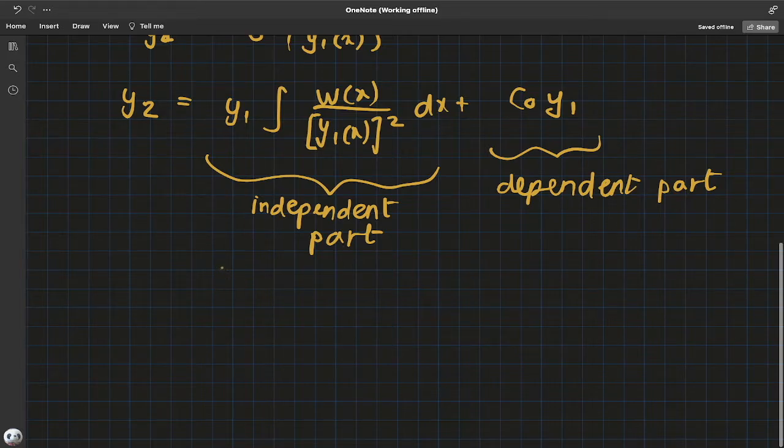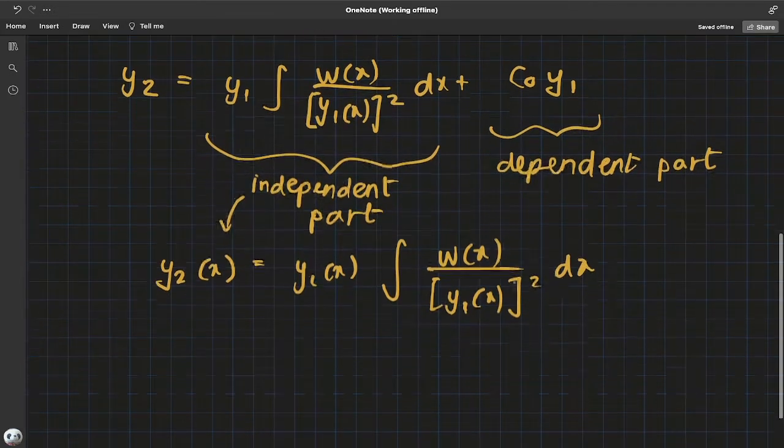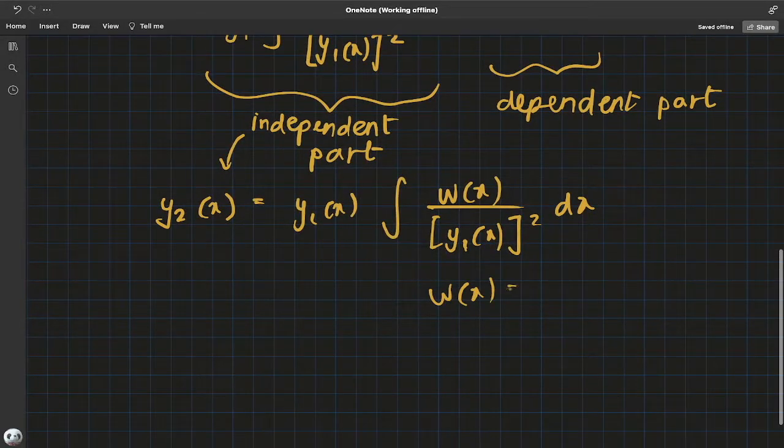for a differential equation. So we can write this as y1 of x times the integral of the Wronskian of x over y1 of x, the whole thing squared, dx. And the beauty of this is the Wronskian can be found just from the form of this differential equation by the formula I talked about on the previous page.